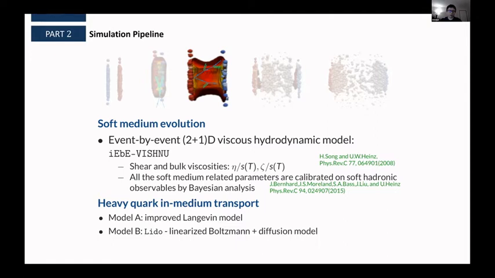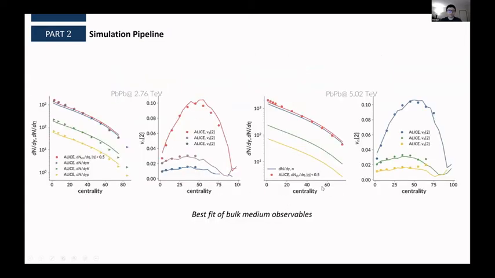For heavy quark transport, in this presentation, we will be talking about our improved Langevin model description, but we also have a linear Boltzmann plus diffusion model called LIDO, which we will be talking about on Thursday. And this is our model calibration, or best fit, to bulk medium observables, for example dN/d eta or the v_n.